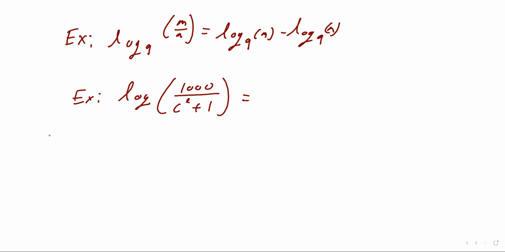So you need to realize that this c squared plus 1 will be one term, right? It is together. So when we expand this, this becomes log of 1000 minus log, this is where parentheses will come into play, of c squared plus 1. All right. I cannot break that apart because of the plus sign. So that becomes one full term.